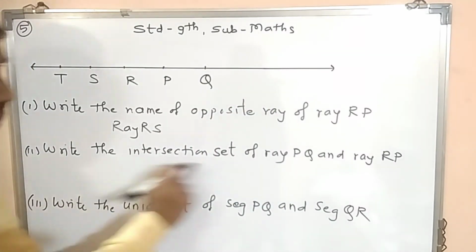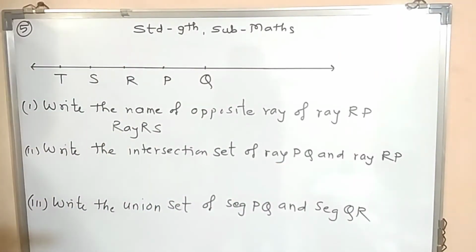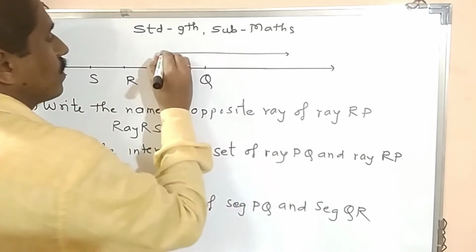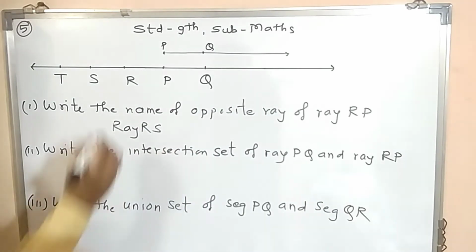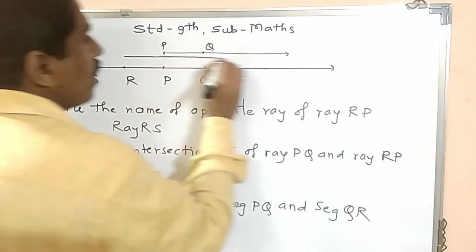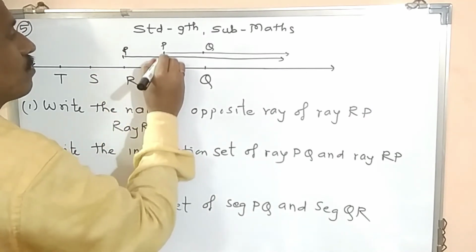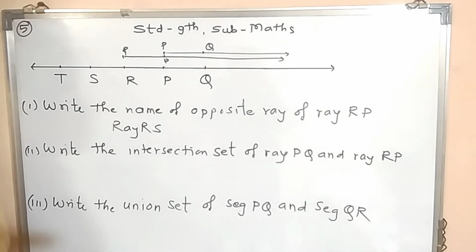Write the intersection set of ray PQ and ray RP. See, where is ray PQ? This is ray PQ. I will draw it separately. And the second one is ray RP. This is R and this one is P. What do you mean by intersection? Intersection means common points.